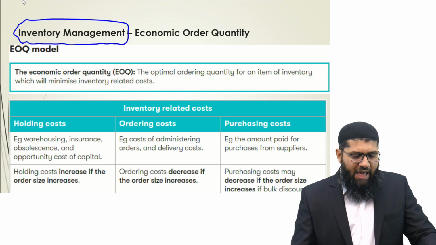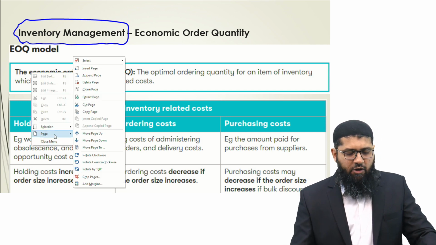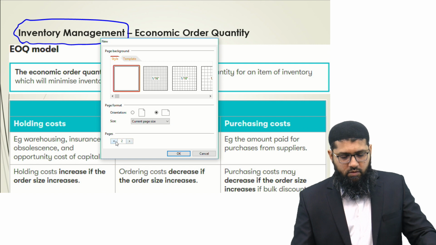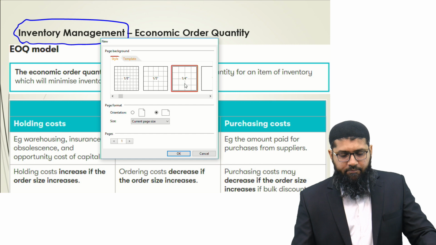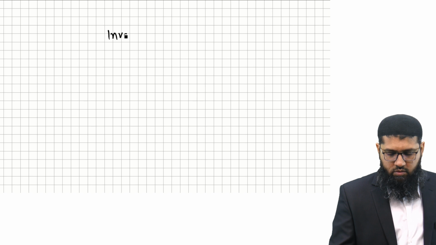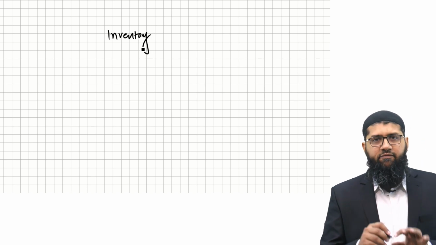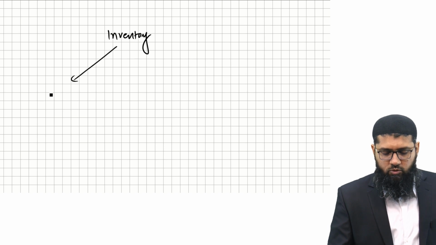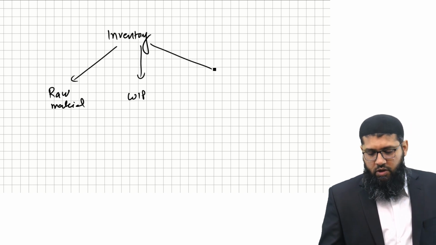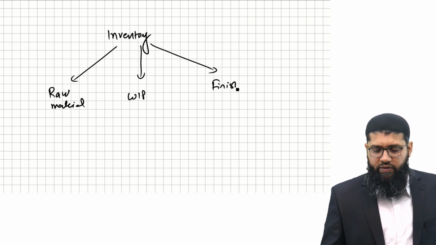Now, what I am going to talk about with respect to inventory management is something that you should know: when we talk about inventory, the inventory could be categorized into raw material, work in process, and finished goods.